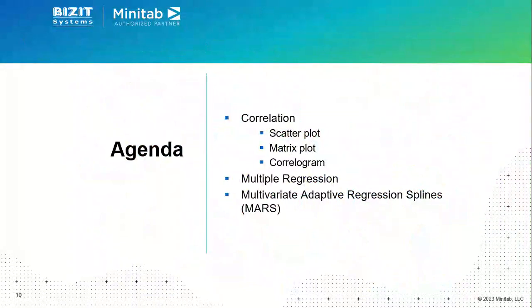So our agenda today is about correlation, your relationships and the patterns inside your data. After you identify your patterns and relationships, you go to the next stage, where you want to do modeling, specifically multiple regression.